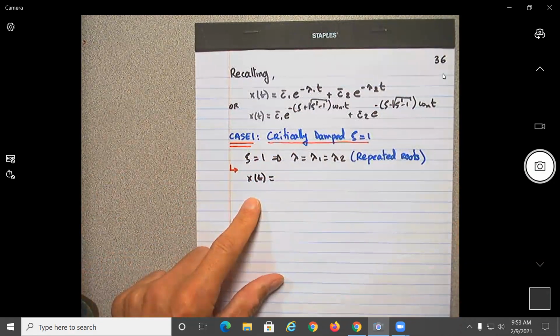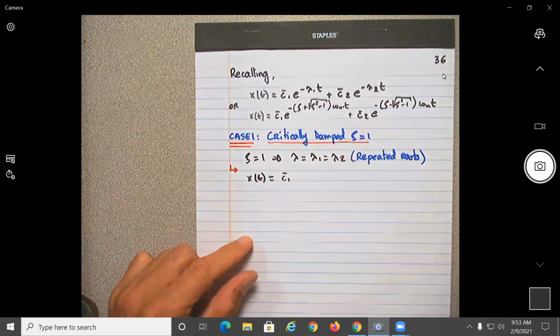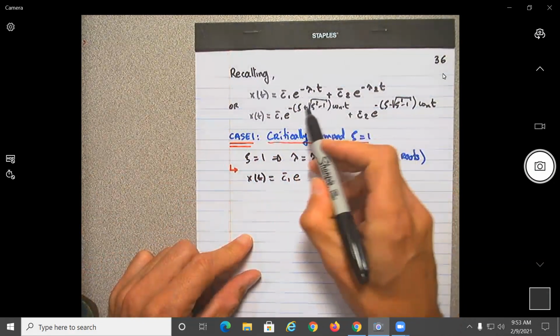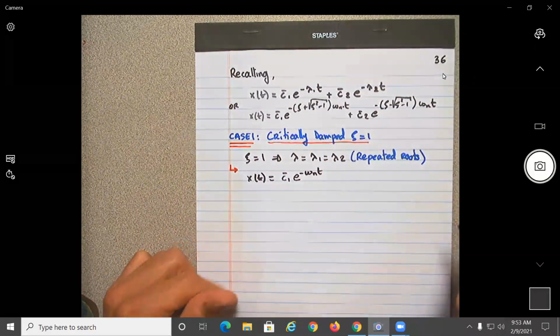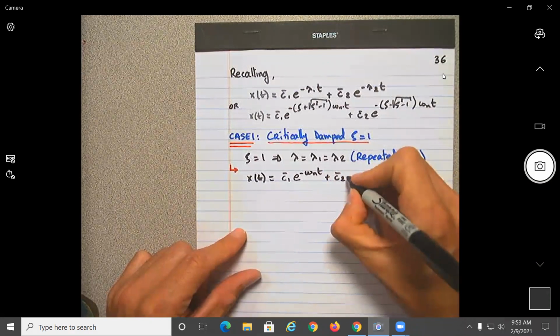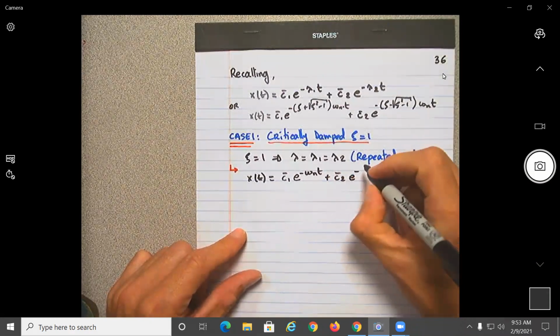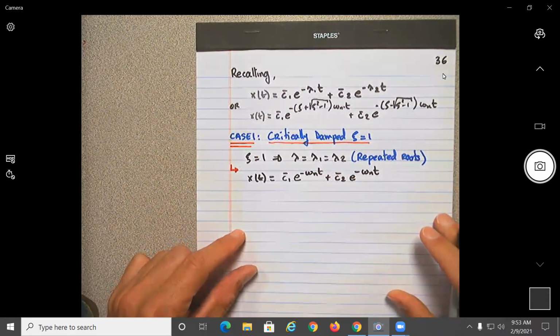I'm going to substitute into the above equation. You get c bar 1 exponential, and the exponent is equal to minus omega n t, plus c bar 2 exponential of minus omega n t.